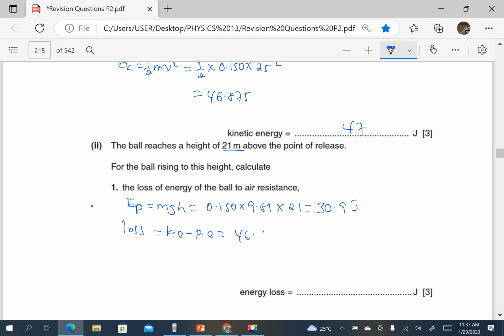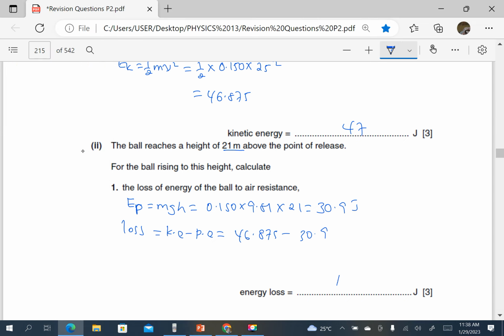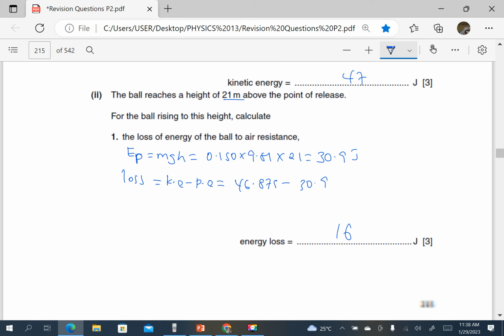It was initially 46.875 minus 30.9, which is 15.975, approximately 16. So the energy loss is approximately 16 joules.